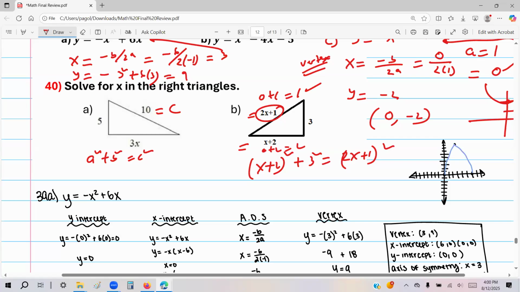So you check and see if it makes sense. Replace into the triangle, not in the equation, in the length, to see if it makes sense. Just because you see something in the choices, it doesn't mean it's correct.